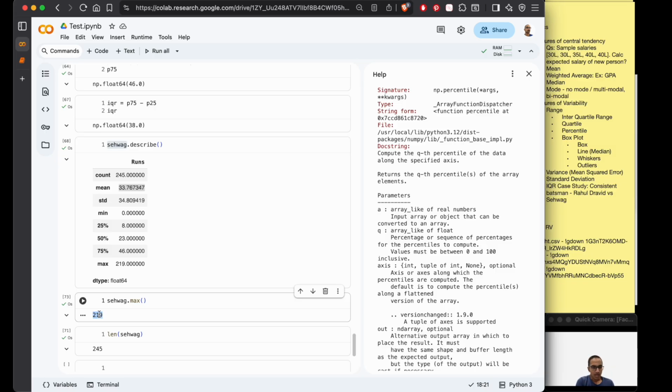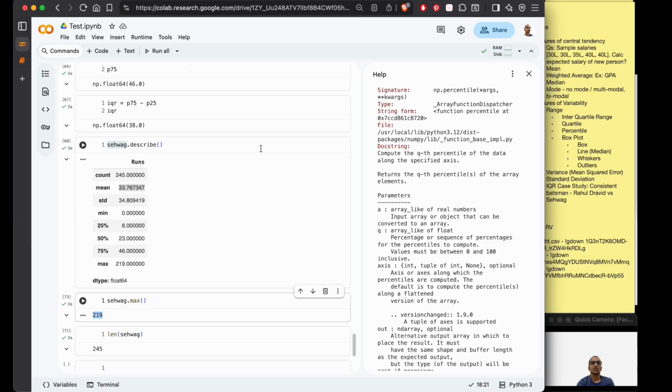But again, the correct range in this case is still the IQR, which is 38. So 38 is the correct spread for sehwag.